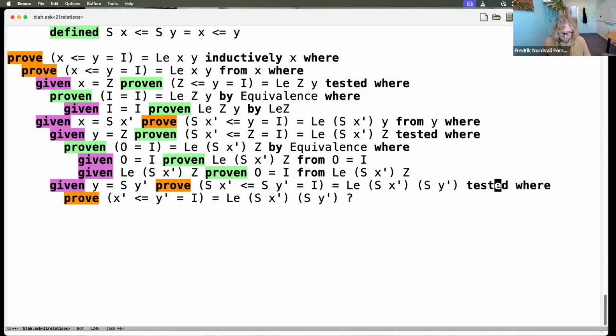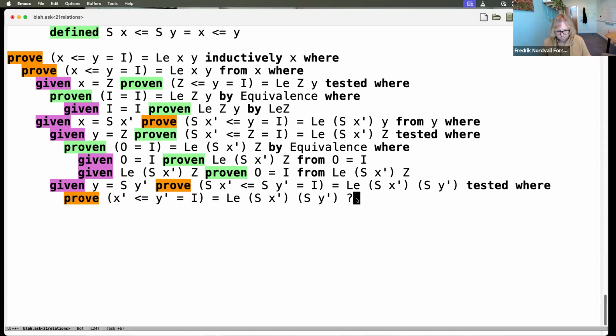Actually, there's some interesting ways I could prove this, but I'm going to do it the stupid way. So I've still got double successors, but I know I can do something about that. These are reassuringly nice and small.